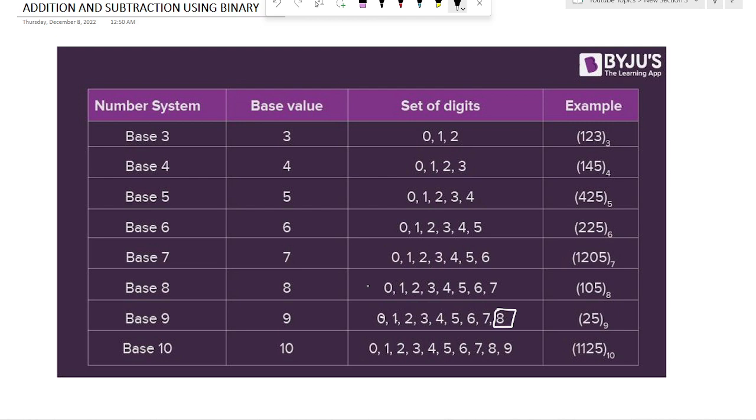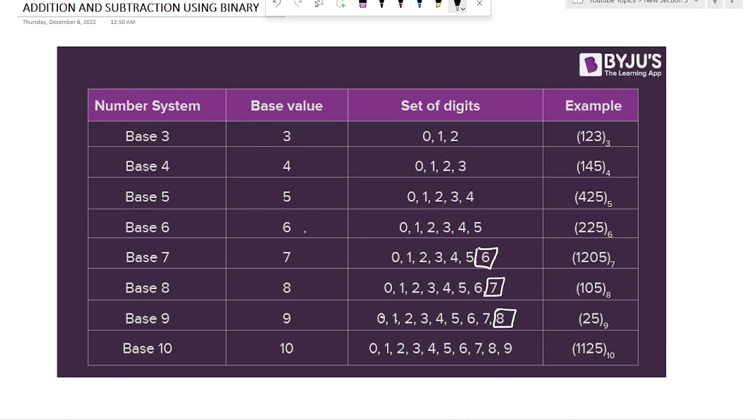In base 8, the number of digits that we use to do calculations is 8, 0 to 7, and the largest digit being 7. In base 7, we use 7 digits, 0 to 6, and the largest digit being 6. I'm sure you see the pattern at this point.